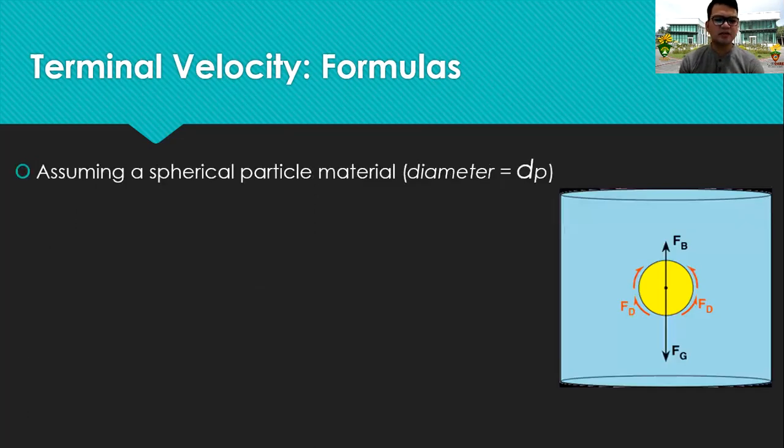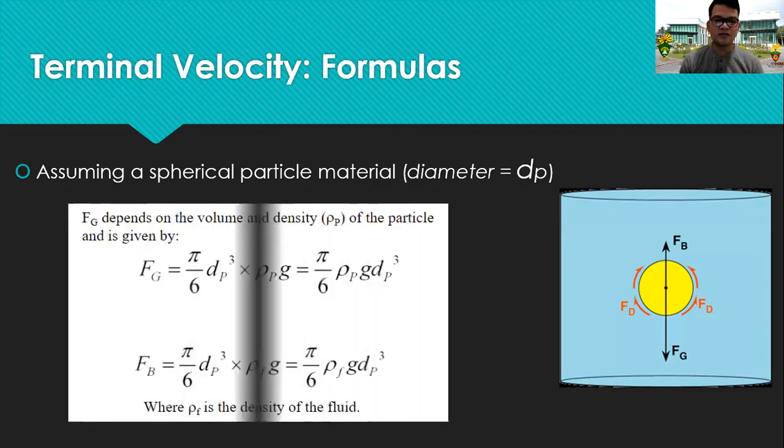So assuming a spherical particle material with diameter dp, for example an orange, the Fg, or gravitational force of the orange, depends on the volume and its density of that particular product.